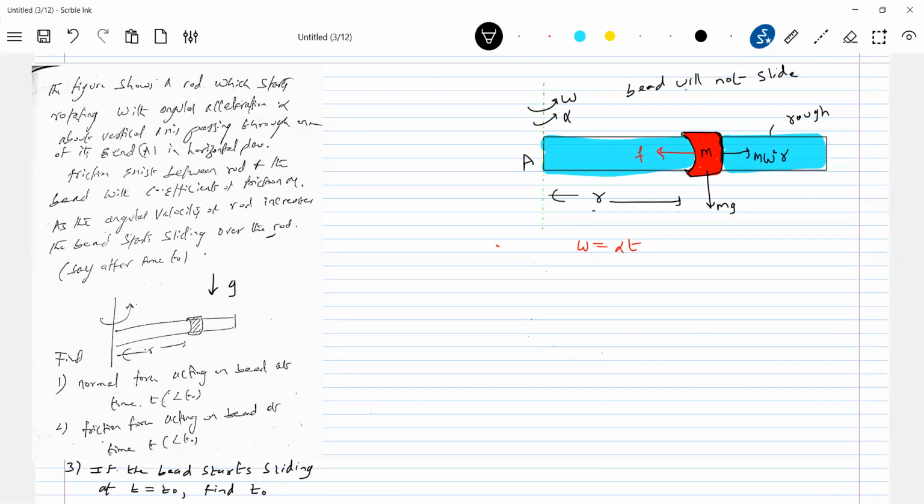Normal force can change. What's wrong with that? You have to analyze it. It all depends upon the conditions.